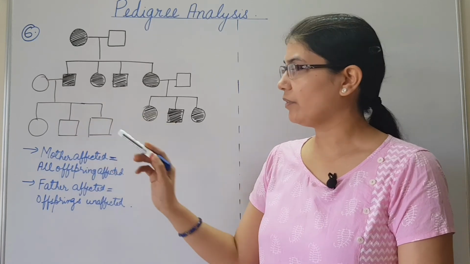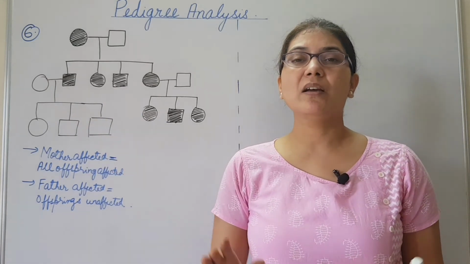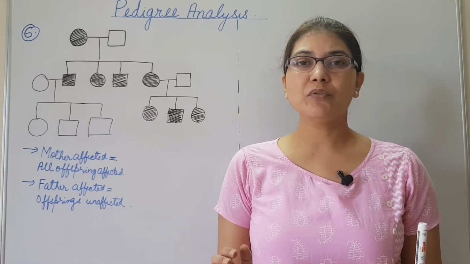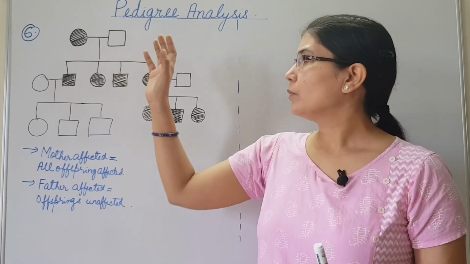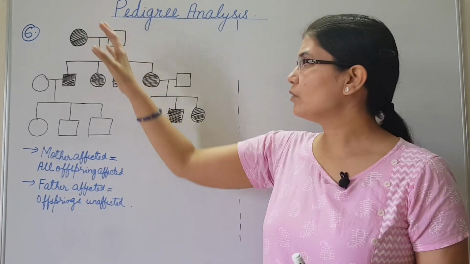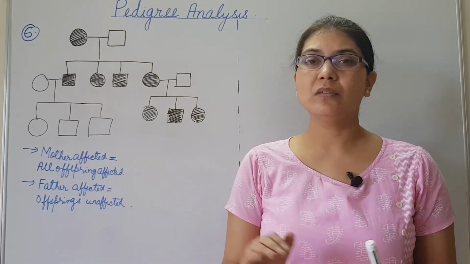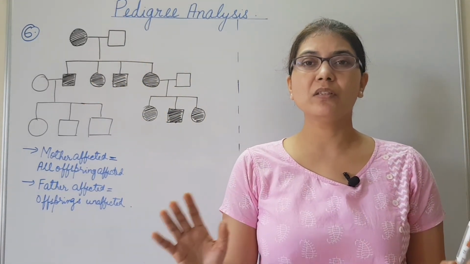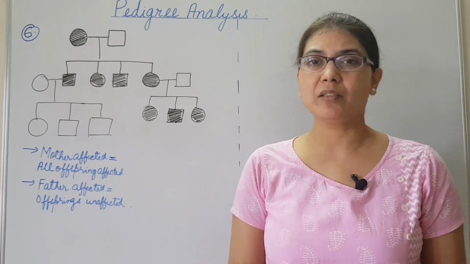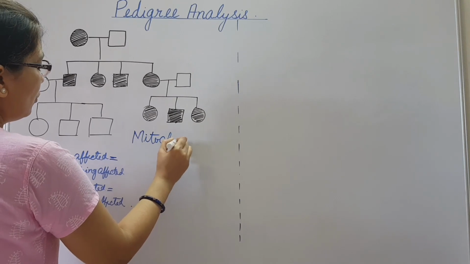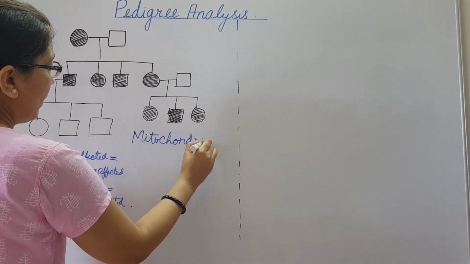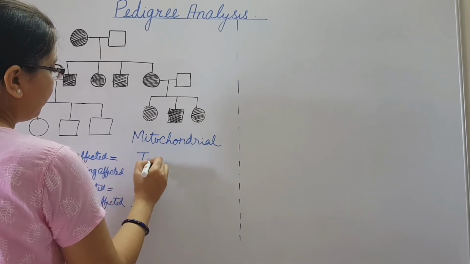So these will be unaffected. So this confirms the mitochondrial inheritance pattern, or we can say in other words that this trait or disorder is a mitochondrial disorder or mitochondrial trait. So here it is, mitochondrial inheritance.